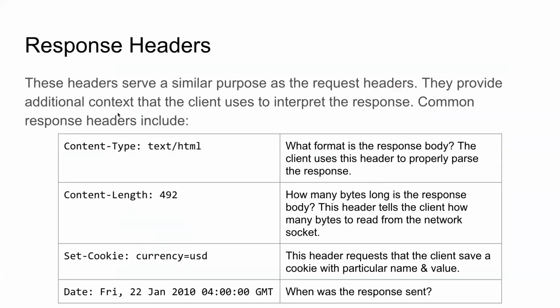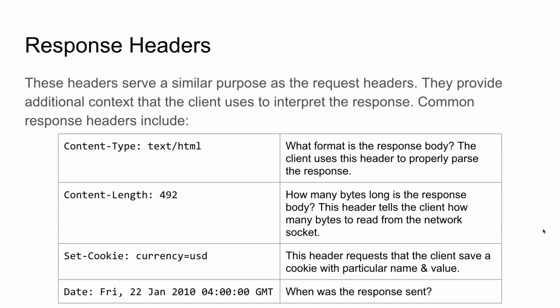All right. So here's the response headers. Can somebody read through this slide here? These headers serve a similar purpose as the request headers. They provide additional context that the client uses to interpret the response. Common response headers include content type, text/HTML. What format is the response body? The client uses this header to properly parse the response.